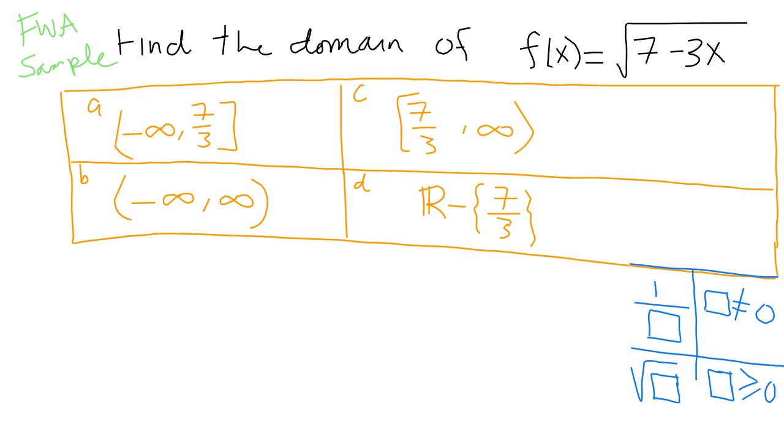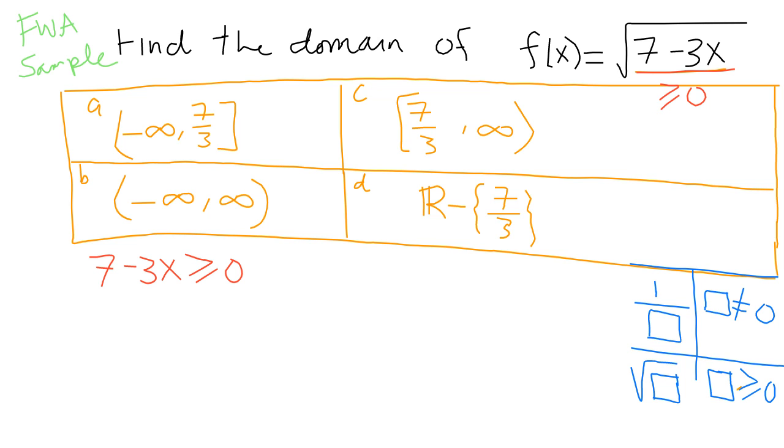So how to find the domain of this function? For a radical of any expression, this expression must be greater or equal to 0. So set this greater or equal to 0. Maybe I think it will be C. Let us check. 7 minus 3x is greater or equal to 0.